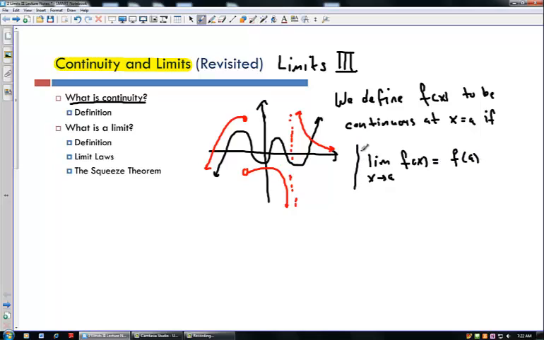This is really the key statement, and this is the essence of continuity.